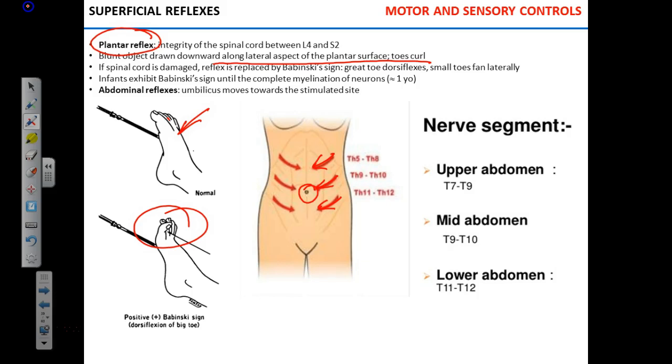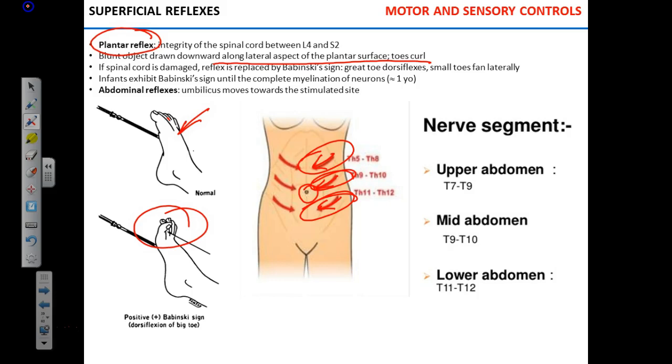No. You will see twitching. Does that make sense? And that depends on where you stroke. It will test the integrity of different parts of the spinal cord. If it's hypochondriac area, it's 5 to 8 thoracic. If it's umbilical, it's 9 to 10. And if it's iliac, then 10, 11, 12.